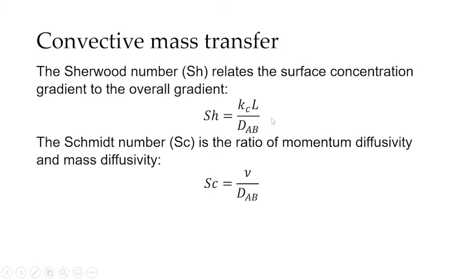We have already tackled this in our discussion on diffusion. Next, we have the Schmidt number or Sc. The Schmidt number is the ratio of momentum diffusivity and mass diffusivity. If you compare this to the Prandtl number, it is the ratio of the momentum diffusivity and the thermal diffusivity. Okay? So Prandtl number is for heat transfer, Schmidt number is for mass transfer.